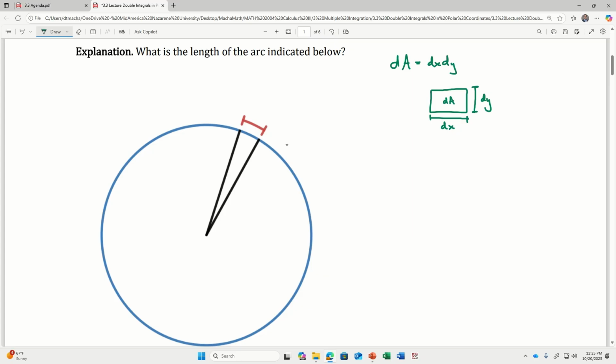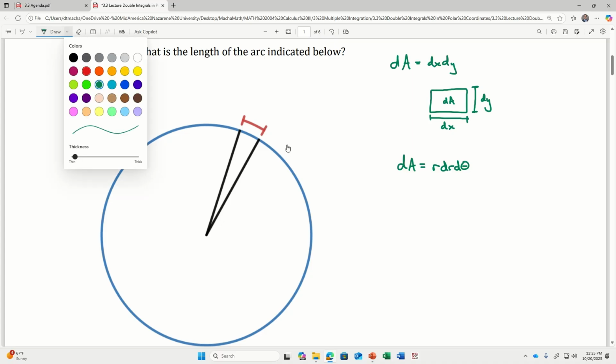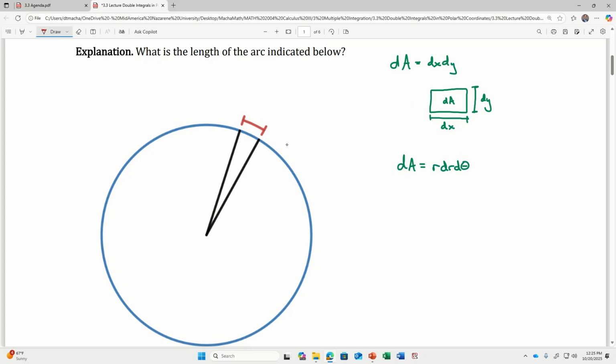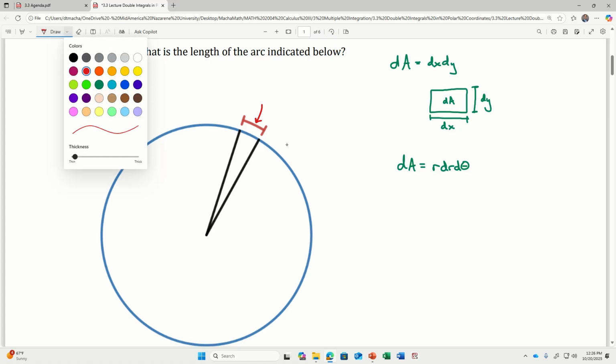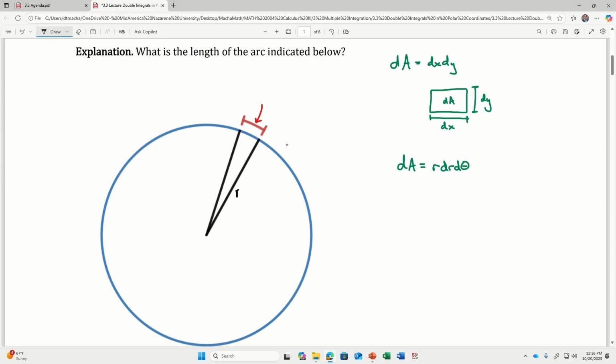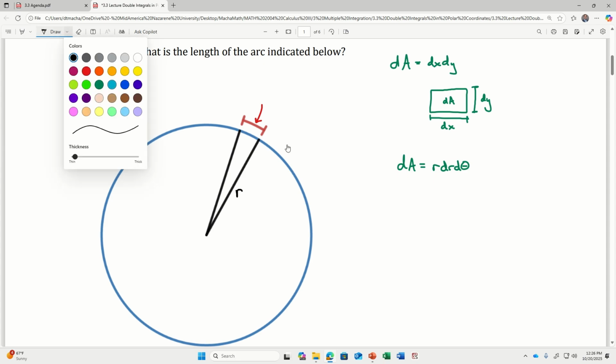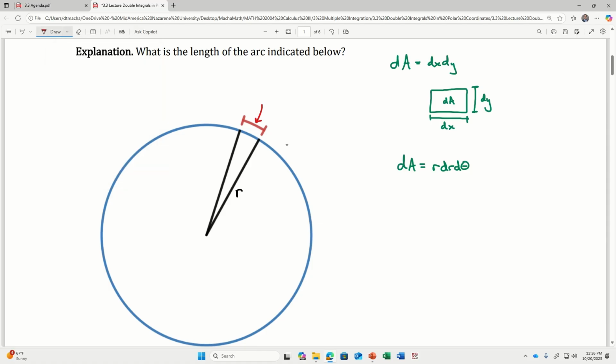But we're wondering, how does a little packet of area equate to r dr d theta? And here's part of the explanation. What is the length of this arc? Let's say that the distance from the center of my circle to the blue circle is r. Then what is the length of that red segment?